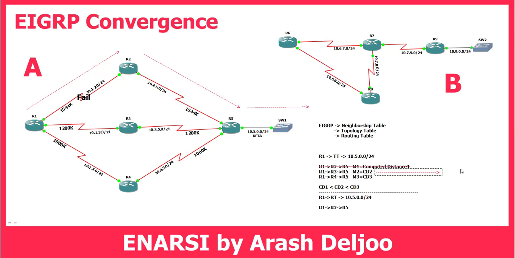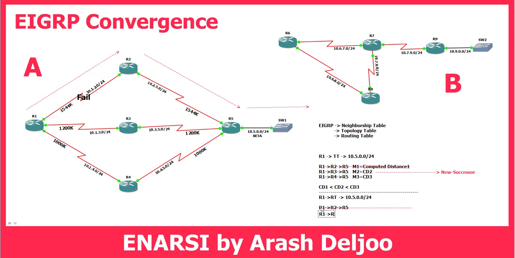Because of that, we can use this path as the new successor, and we are placing this new successor into the routing table. Actually, we should remove the failed path from the routing table, and then we can add the next path to the routing table.